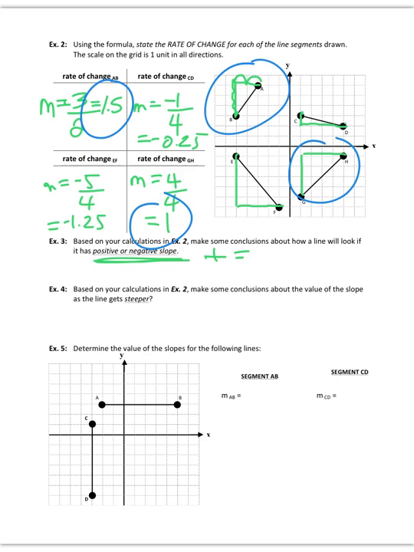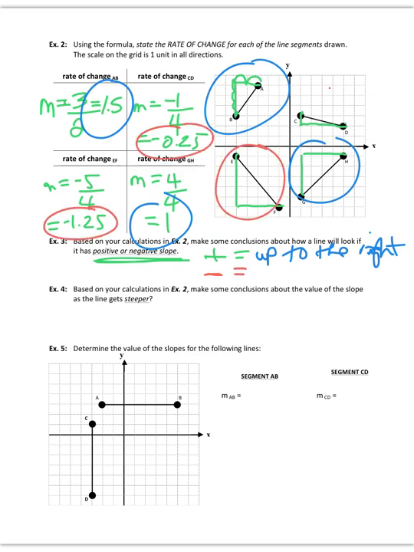So we're going to say they go up to the right. Okay, and negative were these ones. These two were negative, and if we take a look how they go from left to right, they go down to the right.